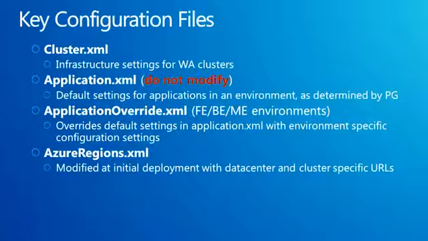And these regions are defined by Windows Azure. They generally refer to geographic regions. For example, Microsoft hosts a number of regions in the North Central United States and South Central United States, as well as Europe and Asia. These are all regions defined in this Azure Regions.xml file.